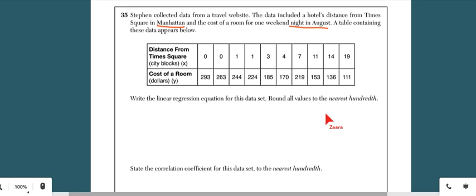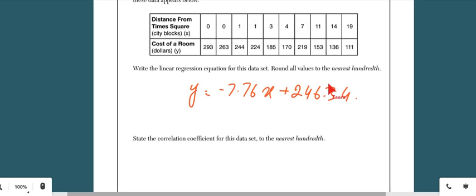I am doing it. When I did it, I got y equals negative 7.76x plus 246.34. You can verify that.